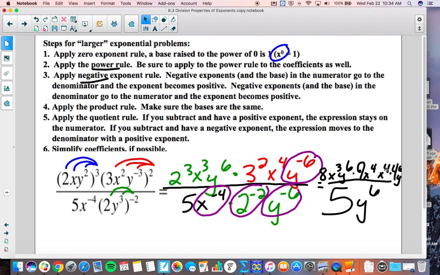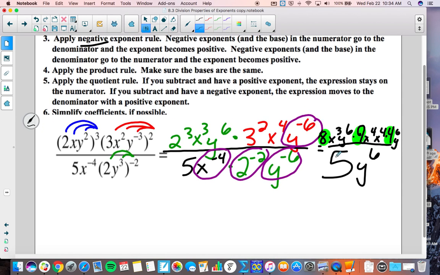There's a lot going on the top. Let's clean this up. This is all multiplication on the top. We can multiply all of the coefficients or numbers together. We have 8, we have 9, we have 4. That equals 288. Did you know that? Double check it, maybe I used my calculator wrong.